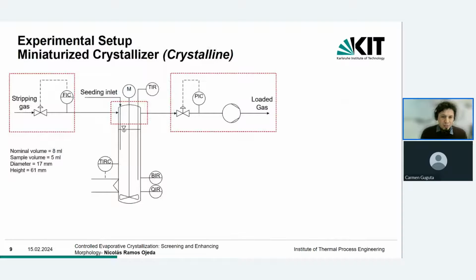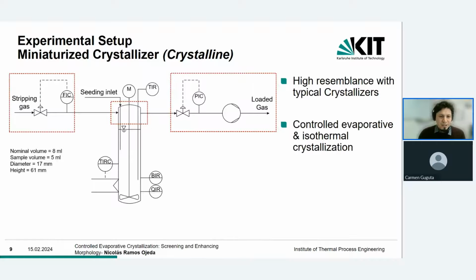So based on the previous considerations, we had identified Crystalline as an ideal platform for our experiments. What Crystalline allows is that we can work with small quantities of APIs. It resembles typical crystallizers. And what we had done, we had enhanced or augmented Crystalline with additional capabilities to enable controlled evaporative crystallization.